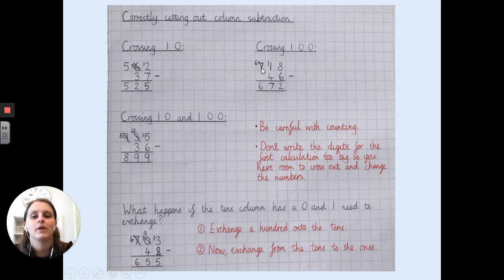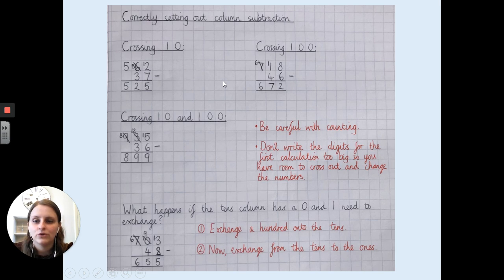I cross out my 700s and make it into 600s, and I'm going to move that 100 onto this column. So now I've got 11. 11 take away 4 is 7. Now again, I've got 6 instead of 7, so 6 take away nothing is 6.